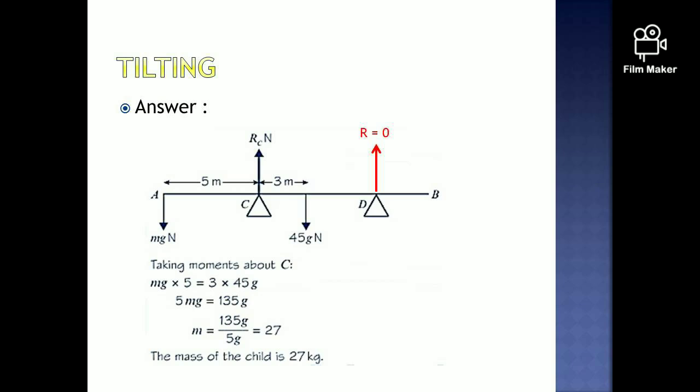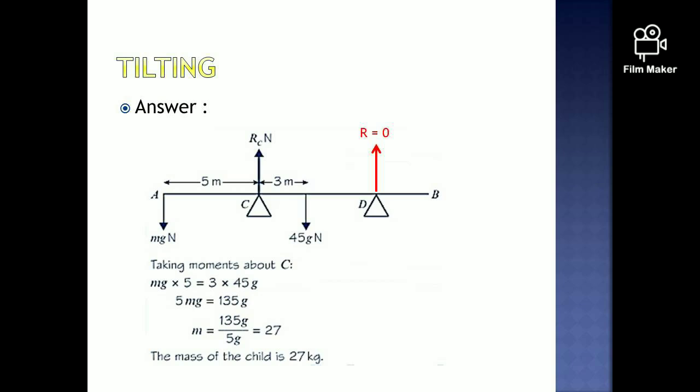And if I give a small explanation for this question: if the mass of the child is less than 27, the rod is not tilting, therefore there would be a reaction at C and D as well. If the mass of the child is 27, the object is about to swing from point D, therefore the reaction at D becomes 0.